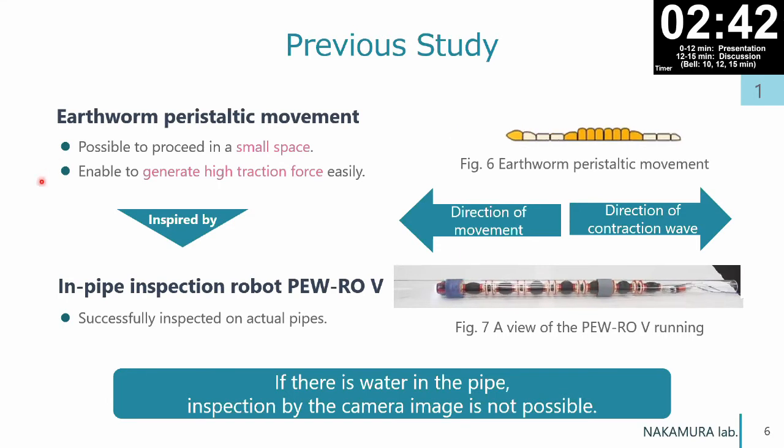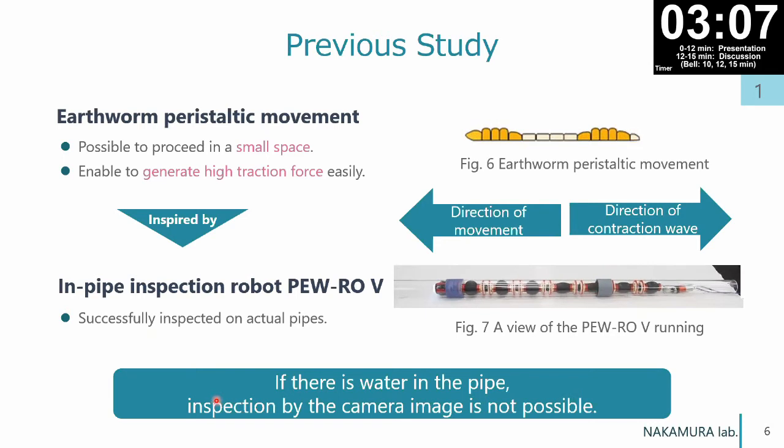Second, it can generate high traction force because it has a large contact area with the outer wall. Based on this peristaltic movement, we created pipe inspection robot Pure 5, shown in figure 7. This robot successfully inspected actual pipes.